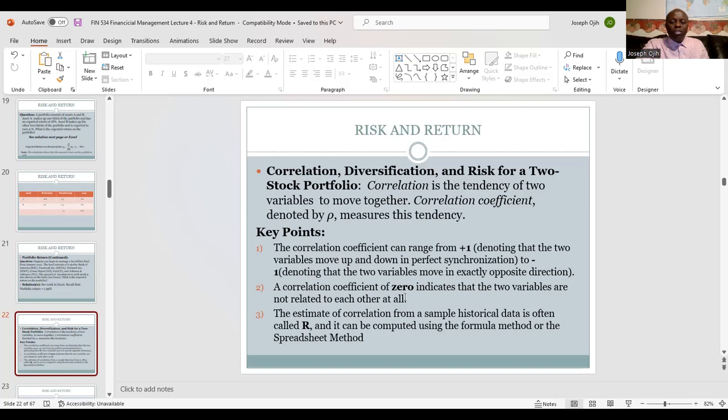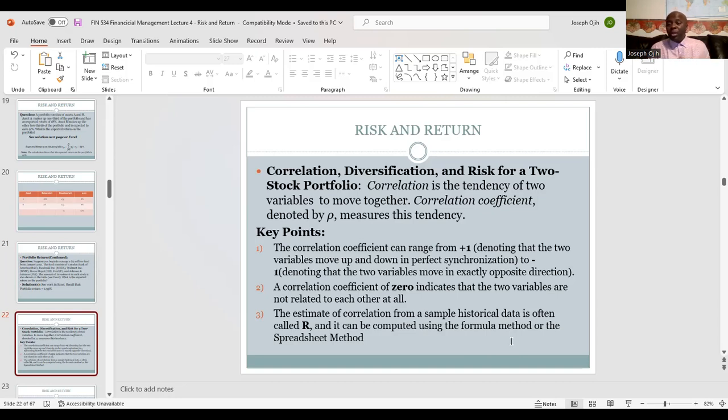Now, a correlation of 0 means that the two variables are not related to each other at all. Now, given these, when we want to estimate the correlation, we estimate it from sample historical data.